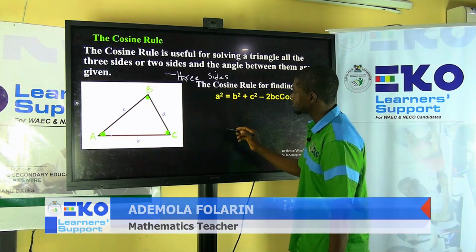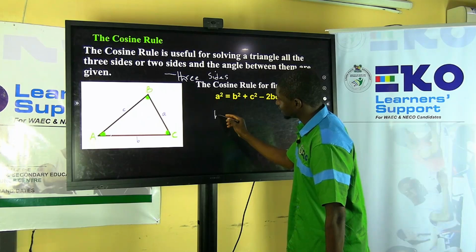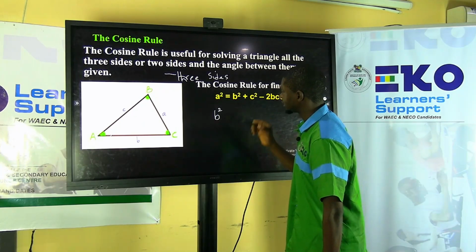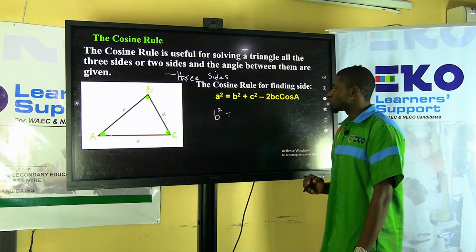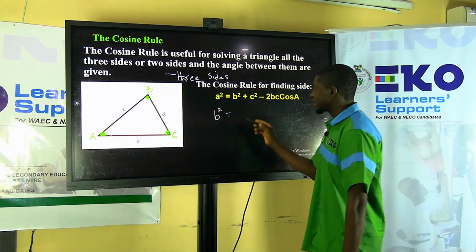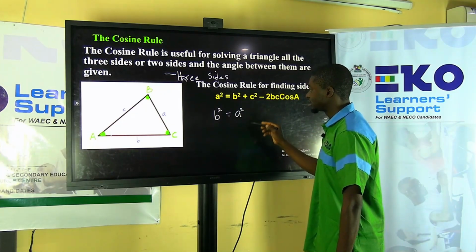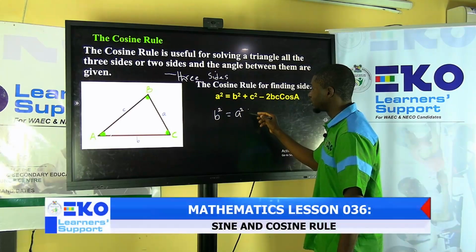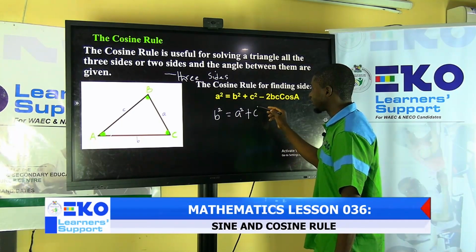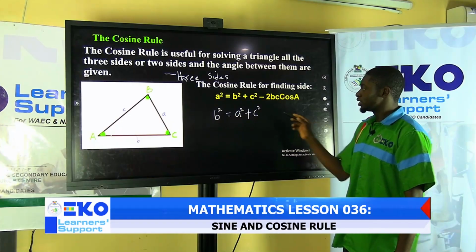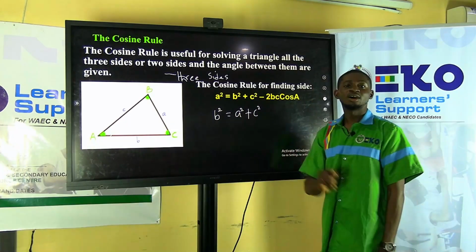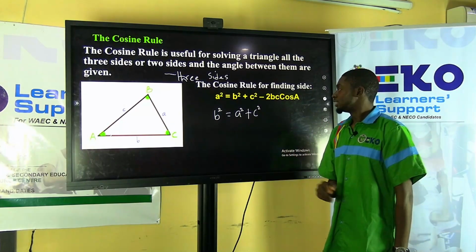Now we want to look for B. If B is the one that is not at home, let's say B square, the square will represent the bag. B is not available. So at the first, A and his bag, plus C and a bag, will have gone home. Upon getting home, they will meet the mother of this B. They will narrate the story.